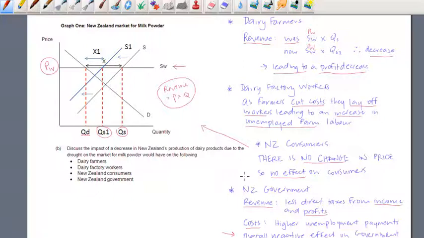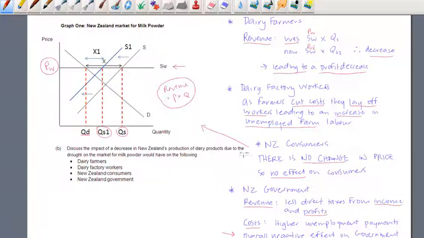So there is absolutely no change in price and no effect at all on consumers in this particular situation. I really stress this: always look at your graph and ask yourself, what's the graph telling me? Trust that you've shown the changes correctly, and then read the graph.